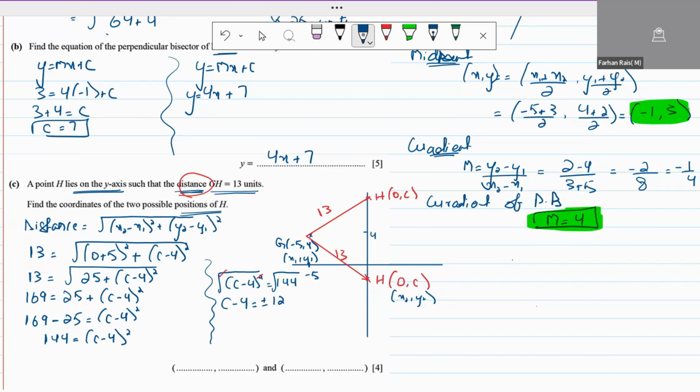So the two possible values for c: c equals positive 12 plus 4, that gives us 16. So one possible value is 16. The second possible value is c equals minus 12 plus 4, that's minus 8. And the x-coordinate, we know that it's 0. So these are the two possible points for H.